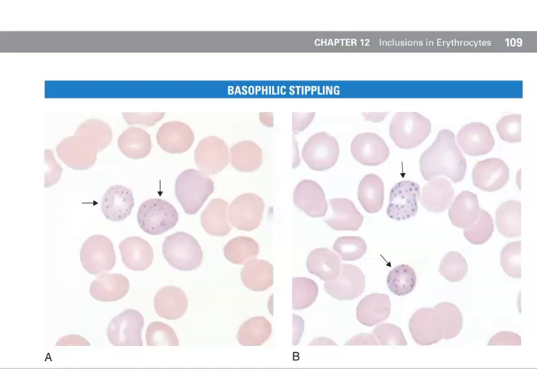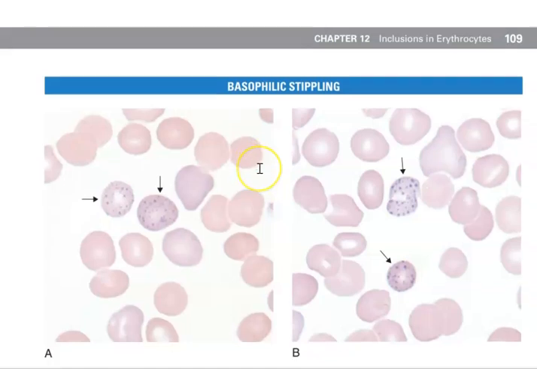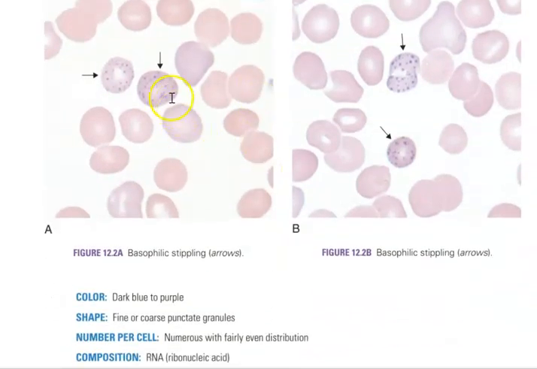Now let's move on to page 109 in your atlas, and let's talk about basophilic stippling. Basophilic stippling looks like a bunch of little dots, and again they can be anywhere from dark blue to purple. And you see some examples of basophilic stippling in both images A and B. They are usually numerous in number in the red blood cell, and they're fairly even in distribution.